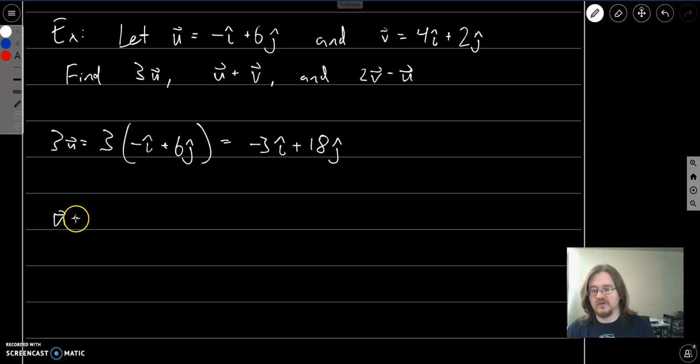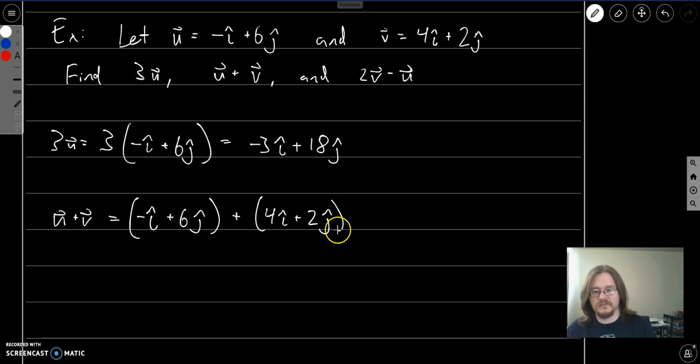Let's find u plus v. So we've got -i, we need the hat there, plus 6j. And we're going to add this guy, which is 4i plus 2j. And again, what we want to do is combine like terms.